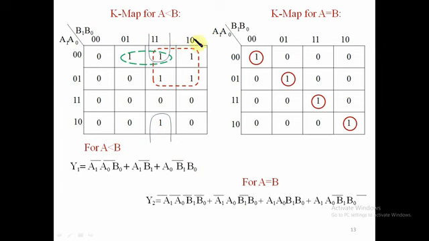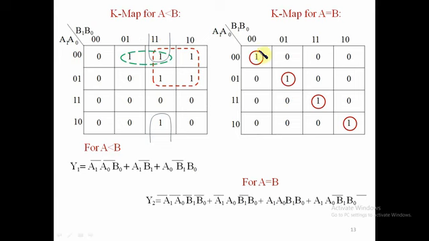The remaining terms get cancelled, means B1, and here A1 bar B1, A1 bar B1. Same for this pair, 0 1 gets cancelled, 1 1 means B0, and here A0 bar A1 bar B0.